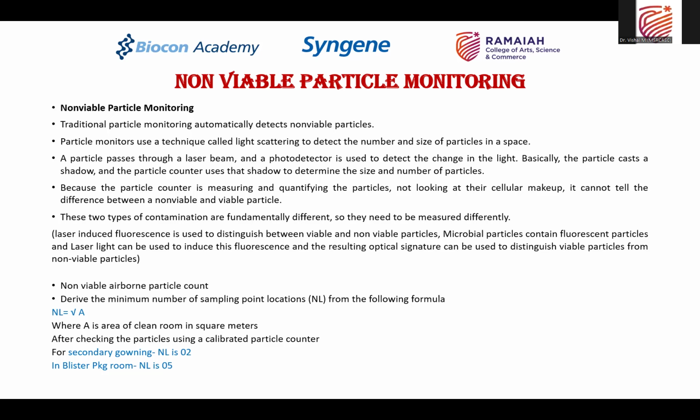The number of non-viable particle locations, NL, is calculated by root A, that is, the root of the area of the room or clean room. Depending upon this, we will come to know from how many sites, how many places, this non-viable particle counting has to be done.